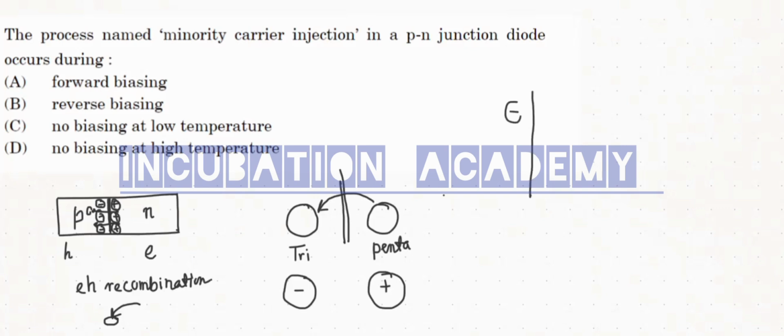Negatively charged immobile ions on the left, the P side, and positively charged immobile ions on the right, the N side. See, it's completely the opposite phenomenon. Now think about another layer of negative ions here, another layer of positive ions here.